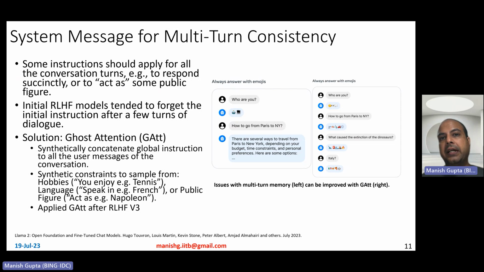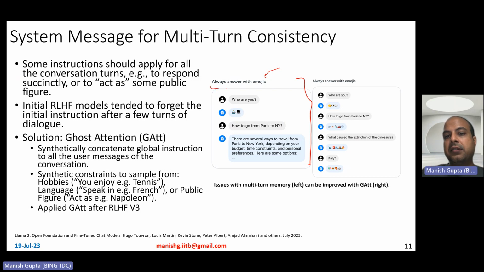But then there was one trouble, and the trouble was as follows. If you looked at conversations, the sample would have the entire dialogue context, and it would have a response as the expected output. Now, in the dialogue context, you also have a system message, an instruction saying what should apply for the entire dialogue.